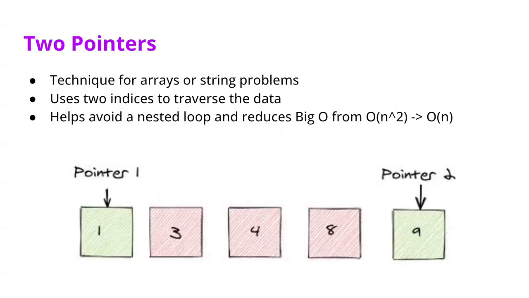One is at the start and one is at the end. You can manipulate these pointers to do what you want. For example, if you want to find a sum, you can do 1 plus 9 equals 10. Then you can move these pointers further into the array to achieve some kind of goal. These two pointers basically just traverse the array and achieve what you want.